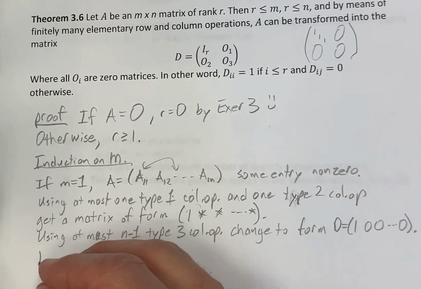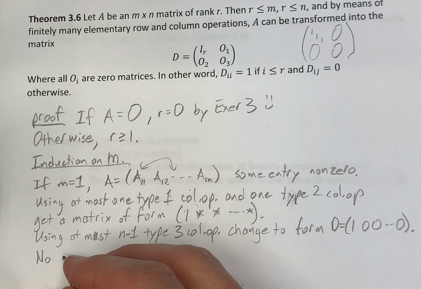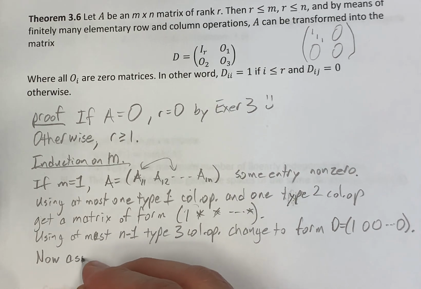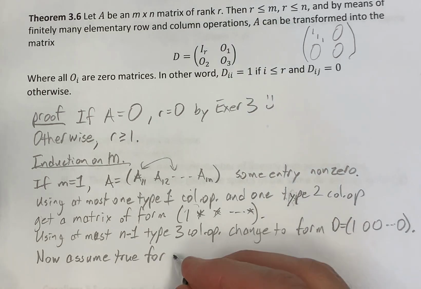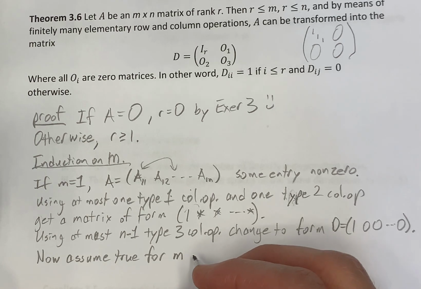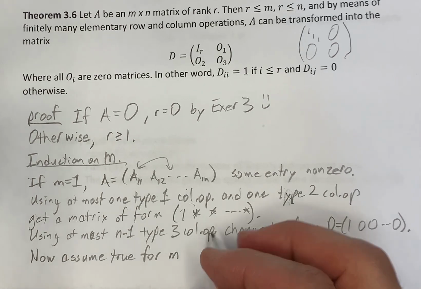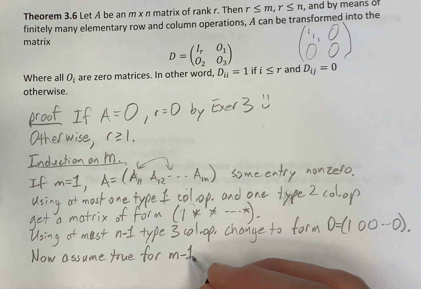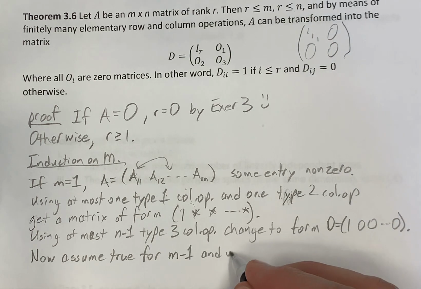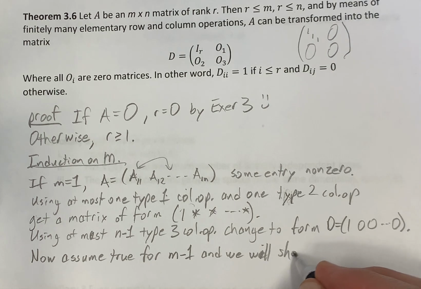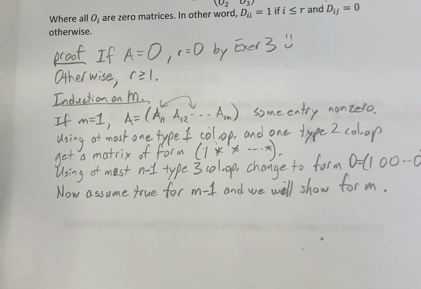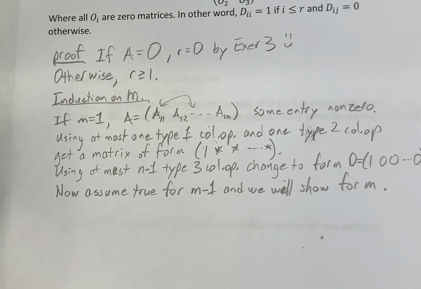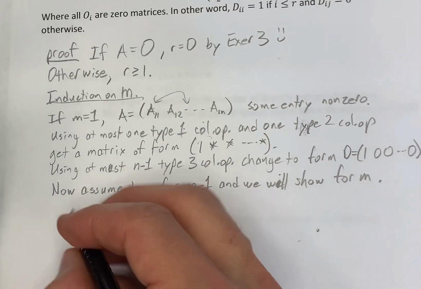Now, assume true for m minus 1, and we will show it for m. Okay, so how's this going to work? Well, unfortunately, now we have to worry about the n.